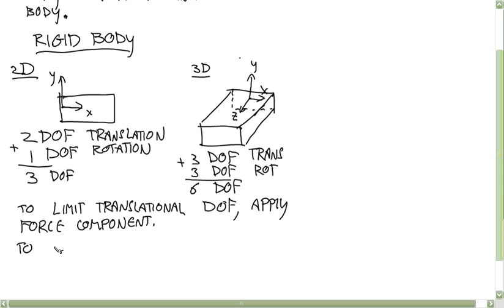And to limit rotational degrees of freedom, you have to apply a couple component.